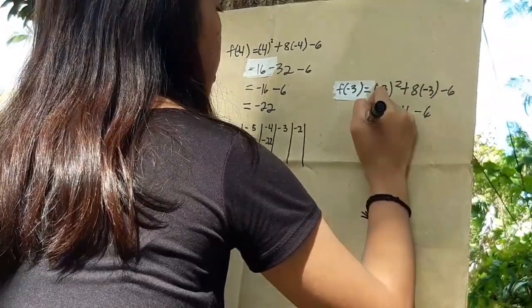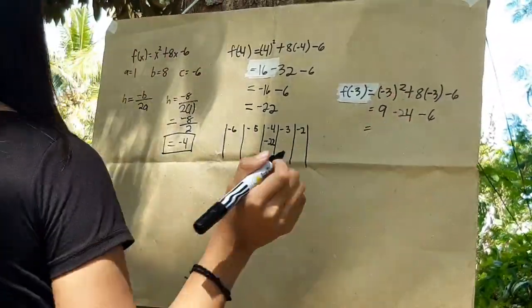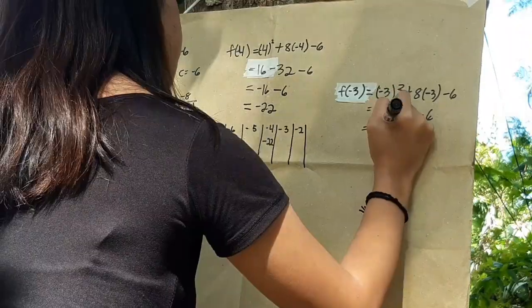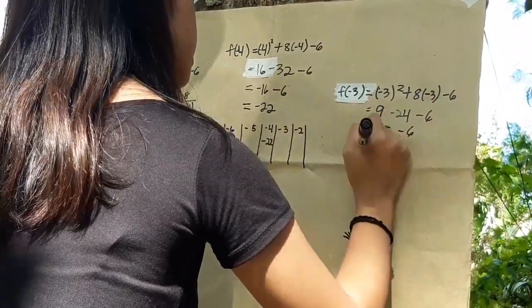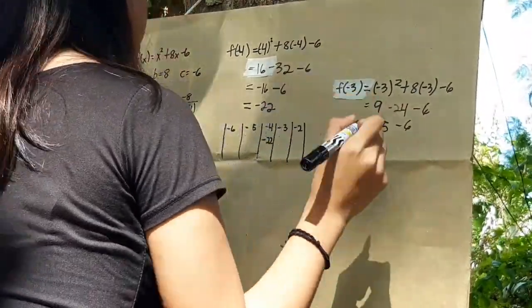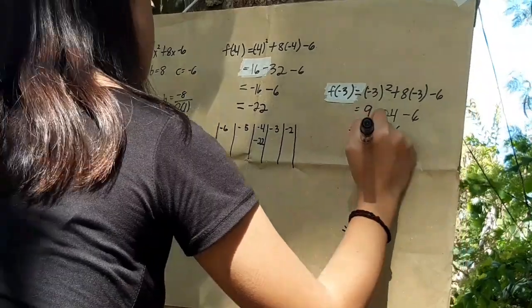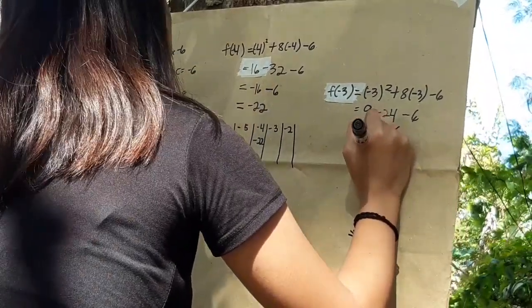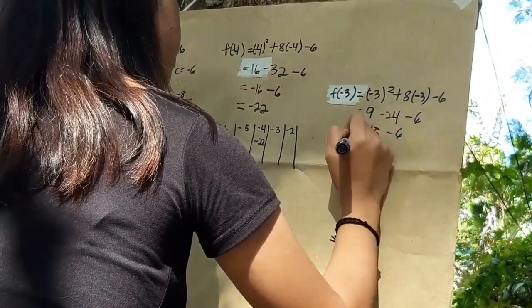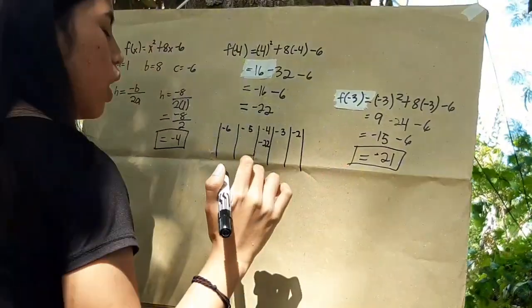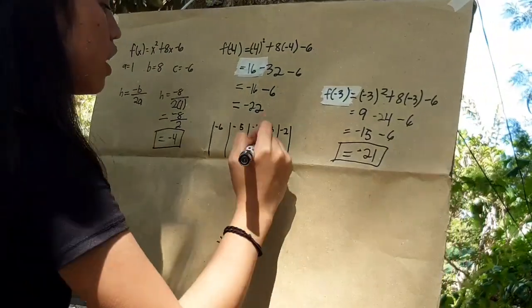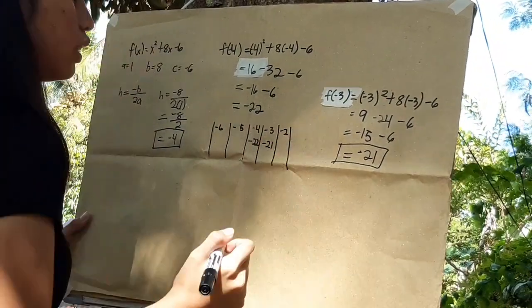Copy the 6. 9 minus 24 is negative 15, and negative 15 minus 6 is negative 21. So the y value of negative 3 is negative 21.